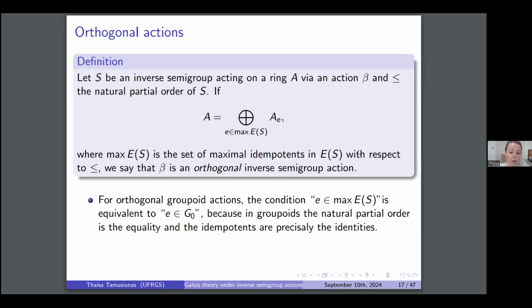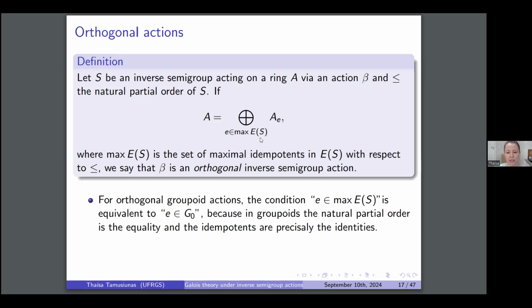For orthogonal groupoid actions, the condition e is maximal in E(S) is equivalent to e being in G0, the set of identities, because in groupoids the natural partial order is equality, and the idempotents are precisely the identities.